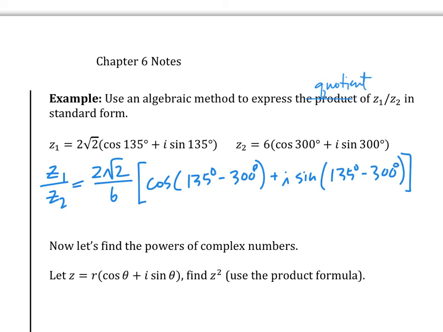And then just simplify all that again to get it into standard form. This is negative 0.46 minus 0.12i.